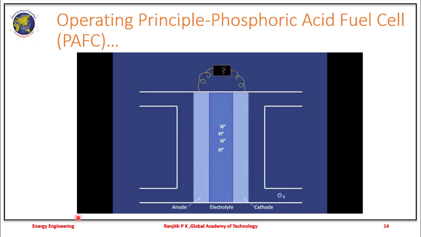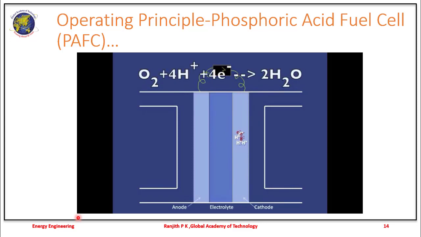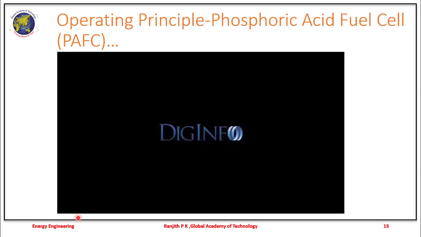When the electrons pass through the circuit, it produces the energy needed to power the RV. The electrons and positively charged hydrogen ions, along with the oxygen atoms, then unite in the cathode to produce. So that is how this phosphoric acid fuel cell operates.